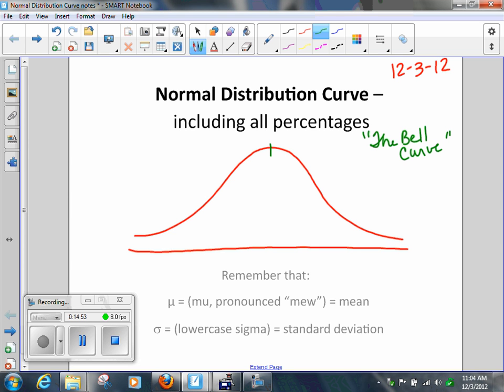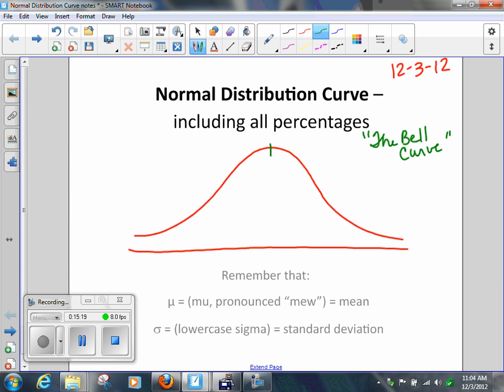If we're looking at A's, B's, C's, D's, F's, right? You don't have to write this, just think about it. In the middle, that's the majority of your folks. They're going to be on either side of C's. The farther you go to the right, what letter grades would that represent? B's, and then the farther you go to the right, A's.